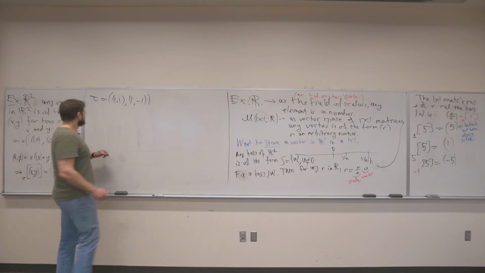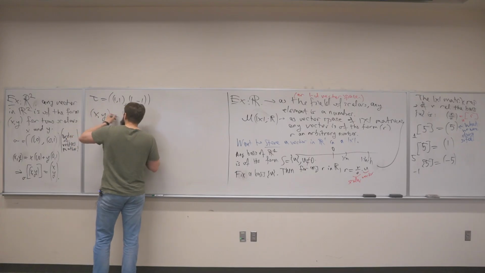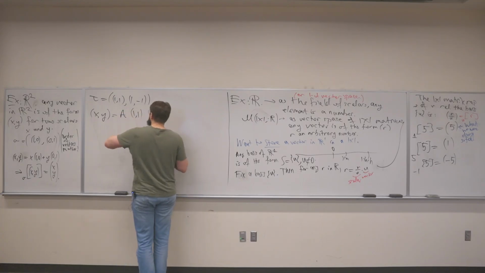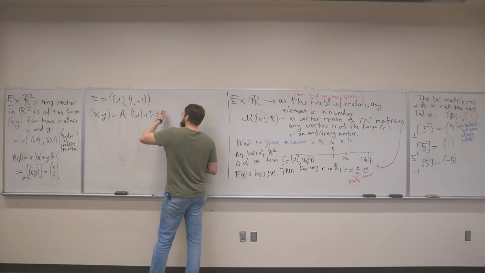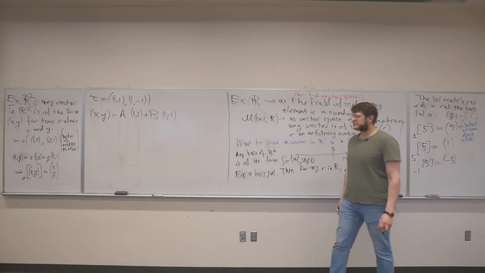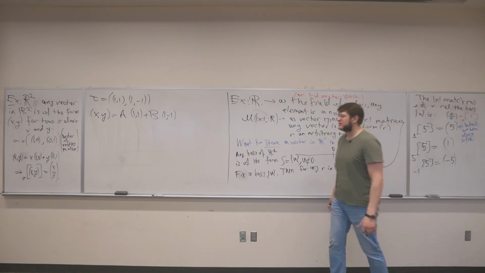Well, (x, y) equals, I want to say, a times (1, 1) plus b times (1, -1) for some scalars a and b. I set up this linear combination equation, and then I'm going to solve for a and b.